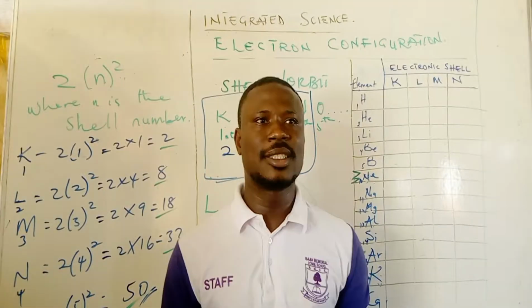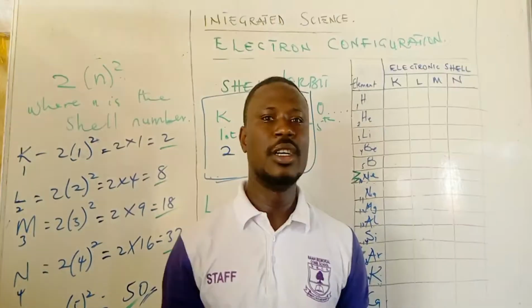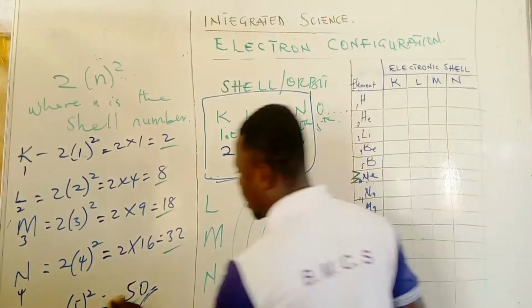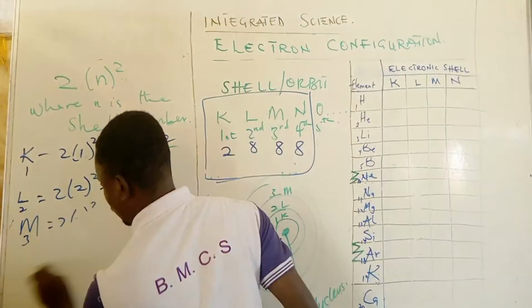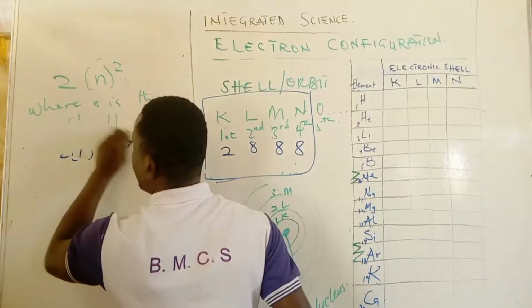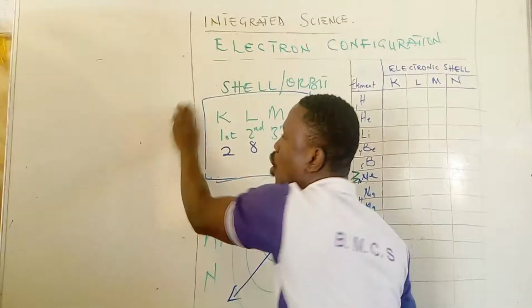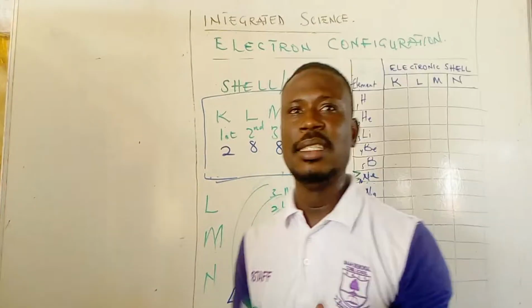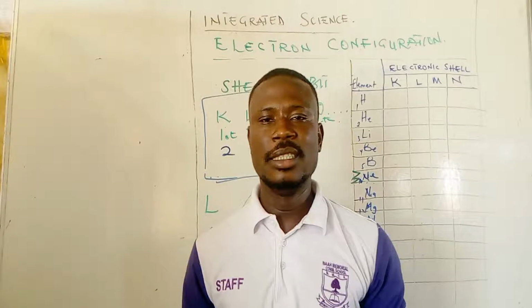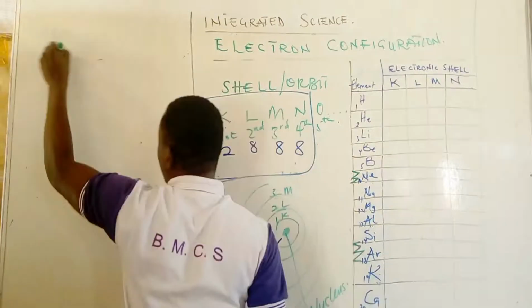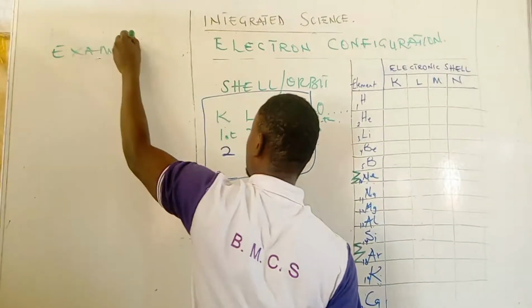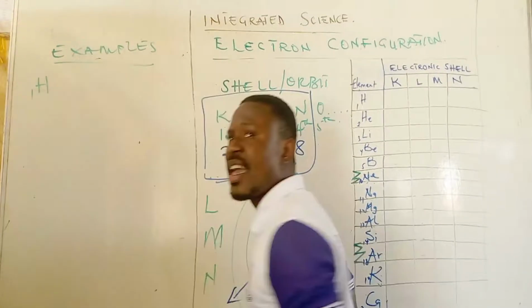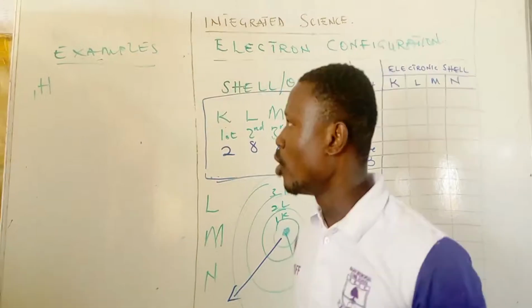So we have come to understand that the atomic number of the element determines the number of electrons it has. Therefore, examples. Hydrogen is the first element on the periodic table, so it has electron number 1. Therefore, on K, L, M, N shell, because it has only 1 electron, we place the 1 on the K shell and the others will have none.